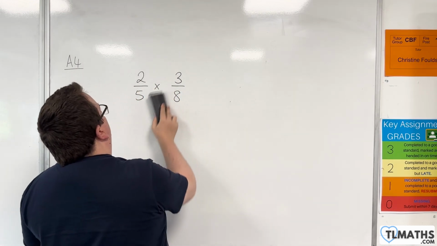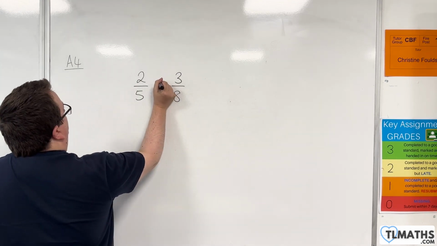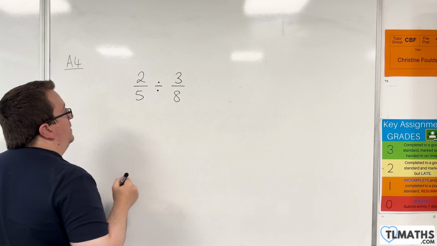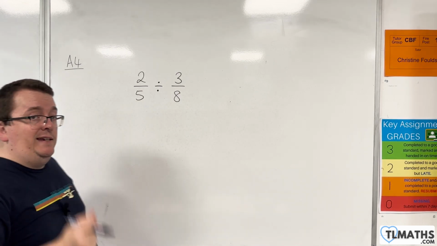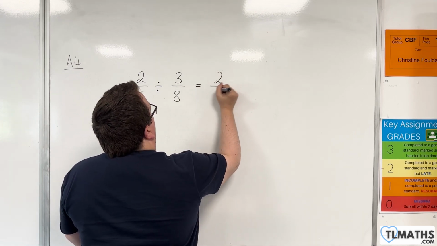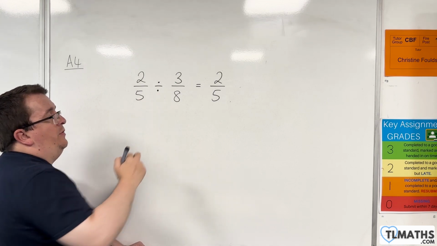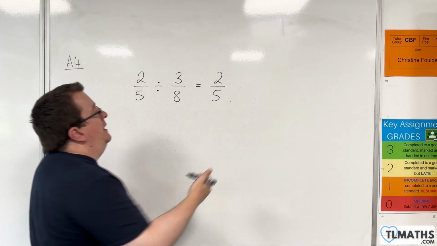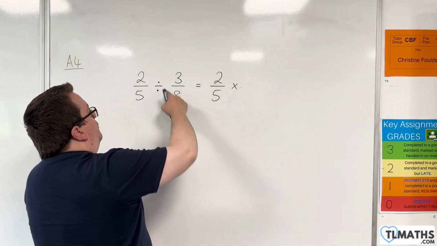So let's say that instead I wanted to work out what 2/5 divided by 3/8 was. Okay? Now the technique here was to keep it as 2/5, but dividing by 3/8 is the same as multiplying by the reciprocal of 3/8.